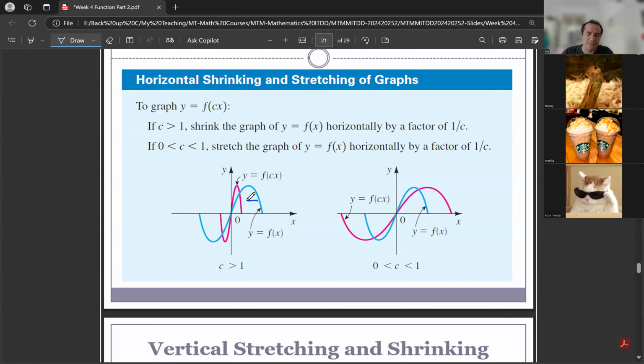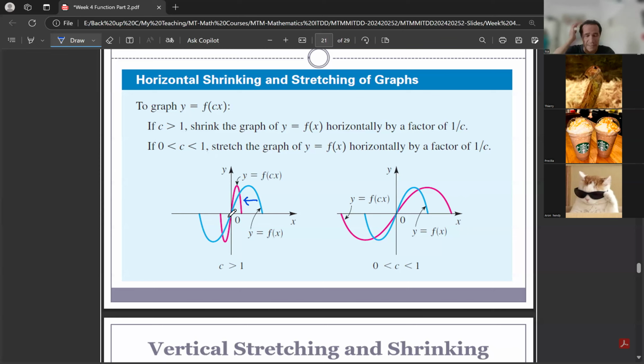Because the curve is compressed horizontally along the x-axis.